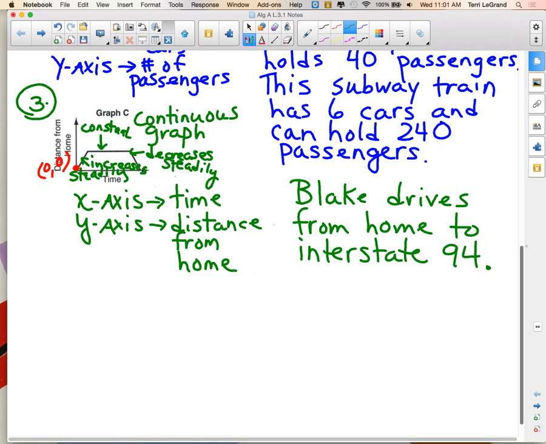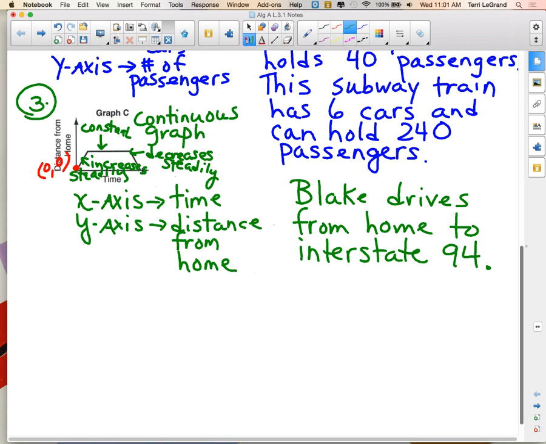What's happening now? It's constant. There's no speed involved here. He's not moving, is he? He's not covering any distance. So what is he doing? He stops to get something to eat.